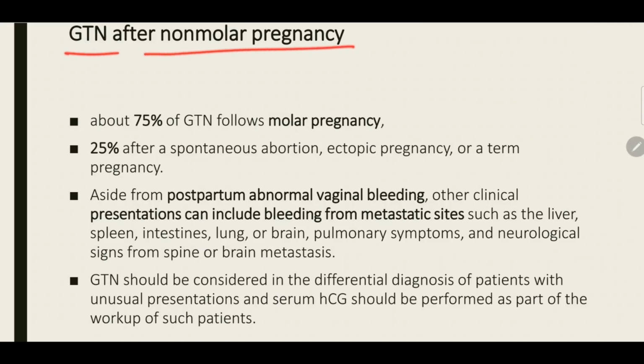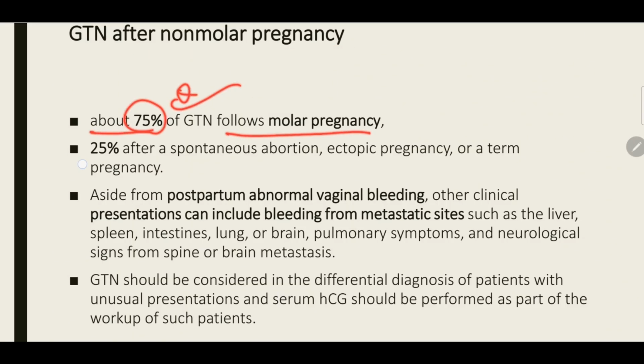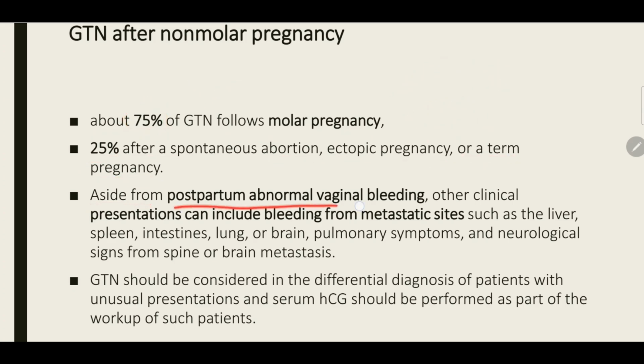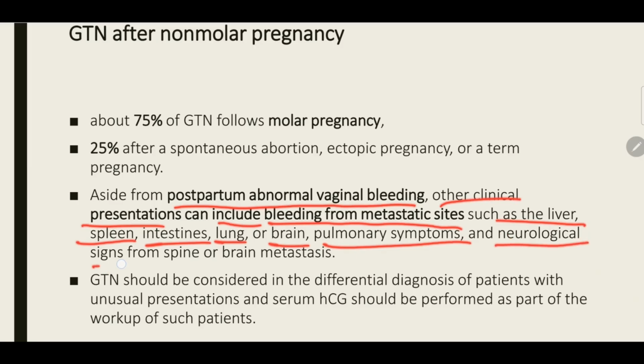GTN after non-molar pregnancy. About 75% of GTN follows molar pregnancy, whereas 25% follows a spontaneous abortion, ectopic pregnancy, or a term pregnancy. So 75% after mole and 25% after non-molar pregnancy. Aside from postpartum abnormal vaginal bleeding, other clinical presentations can include bleeding from metastatic sites such as the liver, spleen, intestine, lung, brain, pulmonary symptoms, and neurological signs from spine or brain metastasis.